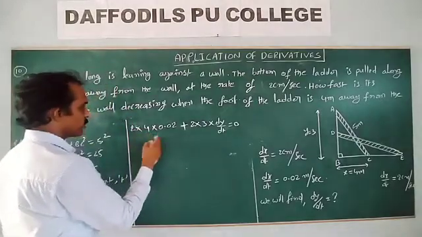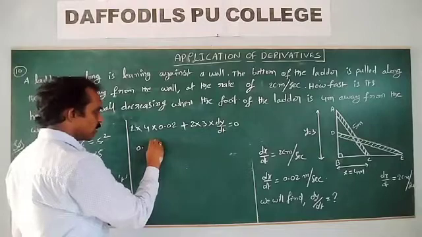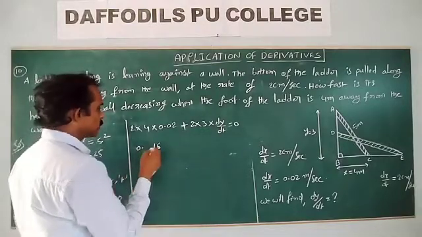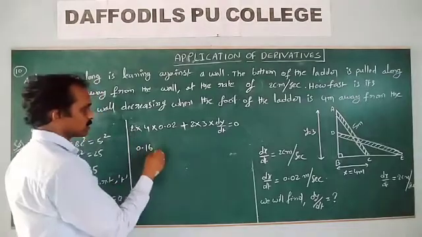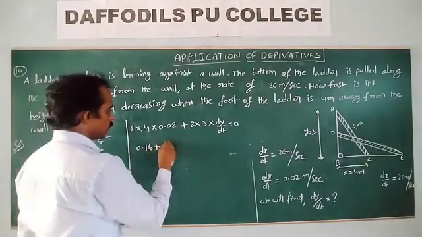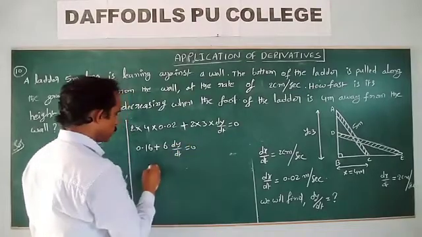So 8 into 0.02 is 0.16. That implies 0.16 plus 6 into dy by dt is equal to 0.